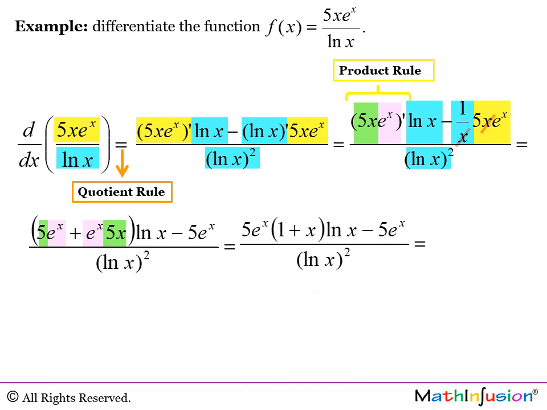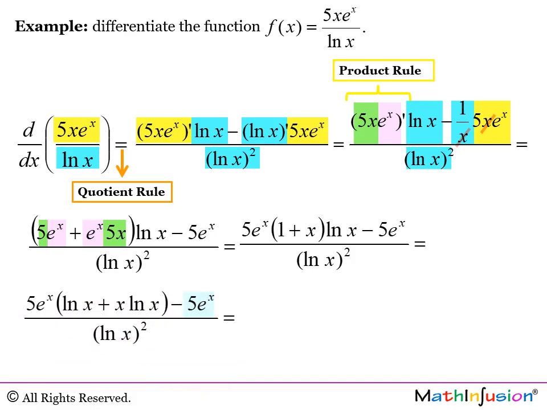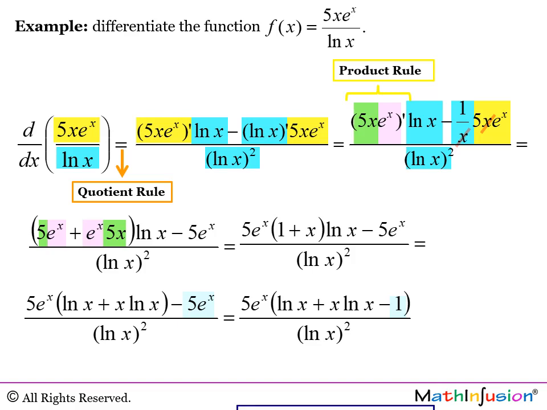I can simplify a little more because I can distribute 5 times e to the x, and I can distribute even more here. When I do that, I get 5e to the x times ln of x plus x ln of x minus 1, all of that over ln of x to the power of 2.